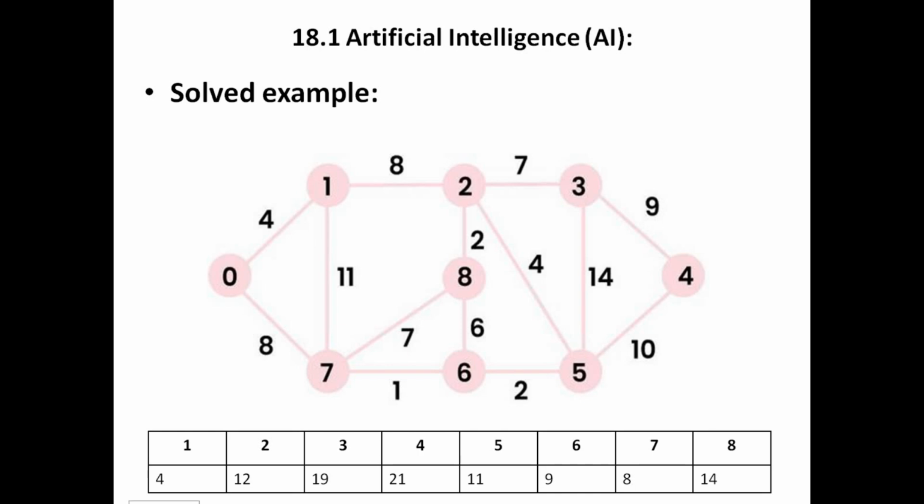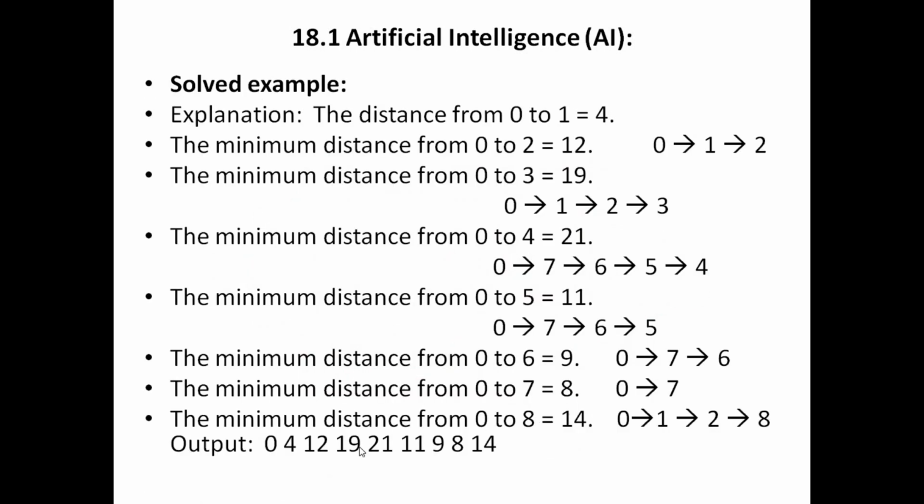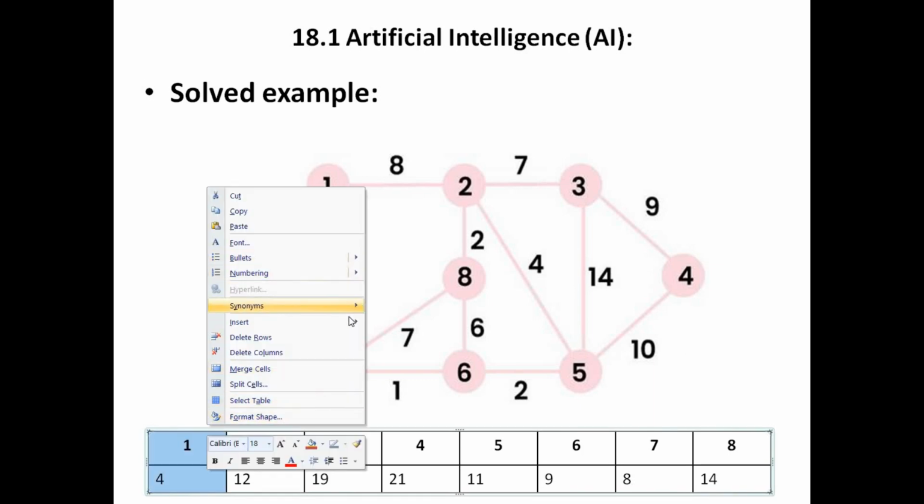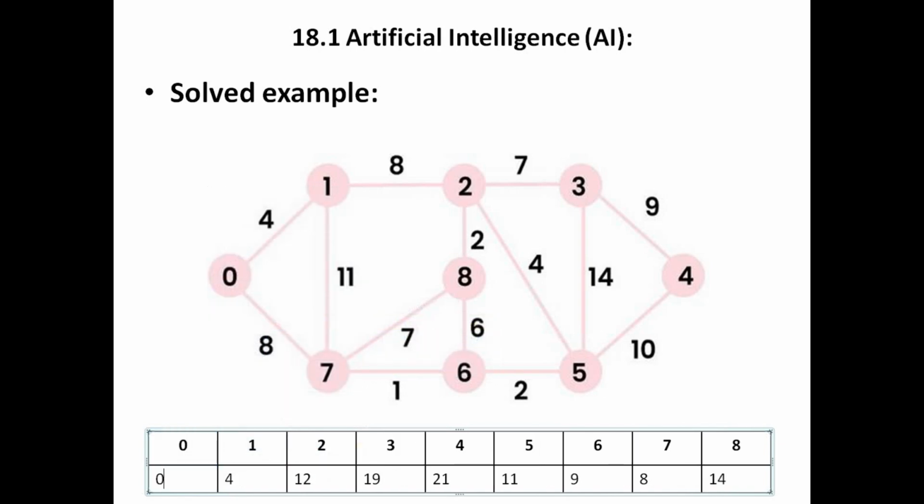You'll complete your journey. Now this will be the output. Basically we'll need to write it in the form of a table, and for the starting node 0, obviously the distance will be 0. So like this you'll need to fill up your table, and that's it. Once you have filled this table, you'll get yourself something like 5 marks for solving this table correctly.